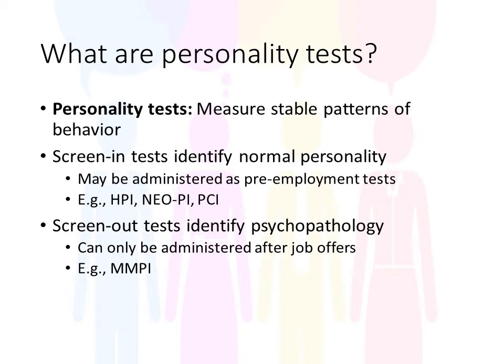Screen-out tests are used to measure and diagnose psychopathology and can only be administered after a job offer is made. An example of one of these tests is the popular MMPI, the Minnesota Multiphasic Personality Inventory.